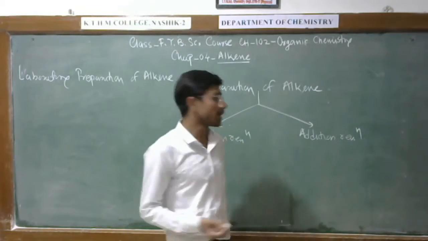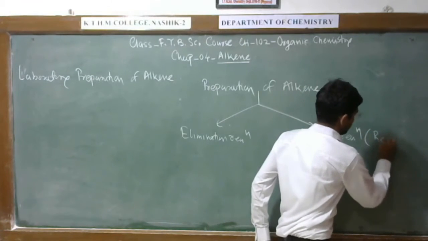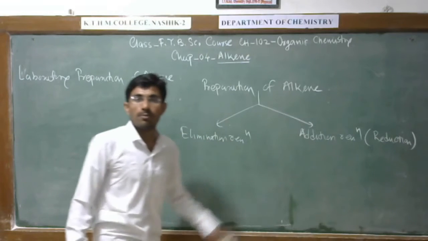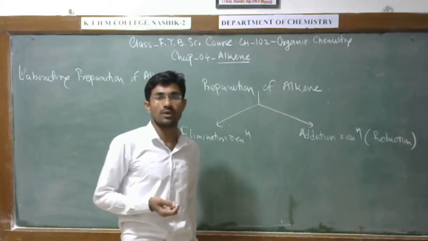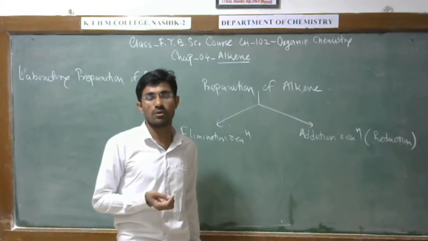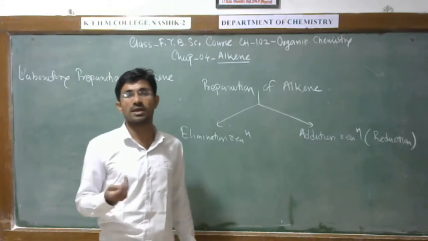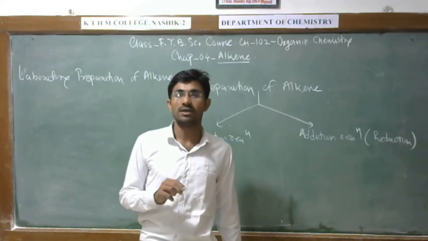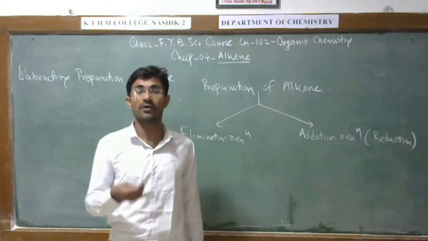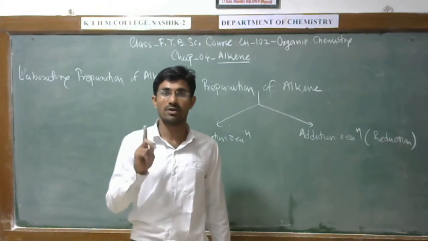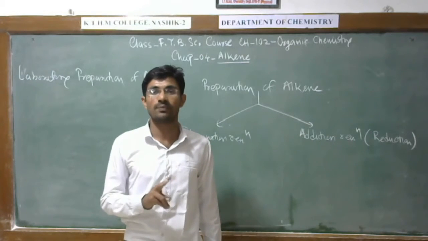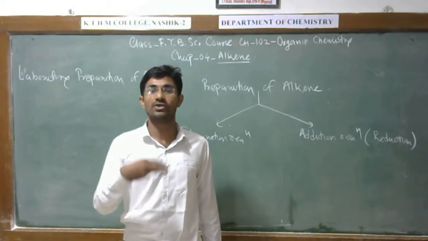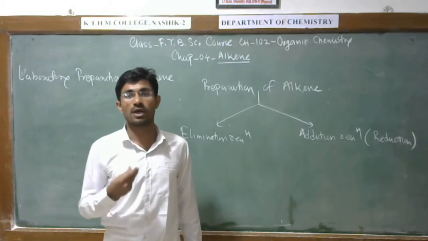This may be called reduction. By elimination reaction, we can prepare the alkene compound. So which elimination reactions do we perform here? Three types of elimination reaction. Dehydrohalogenation of alkyl halides, this is the first. Second is dehydration of alcohol, and third is dehalogenation of vicinal halides.